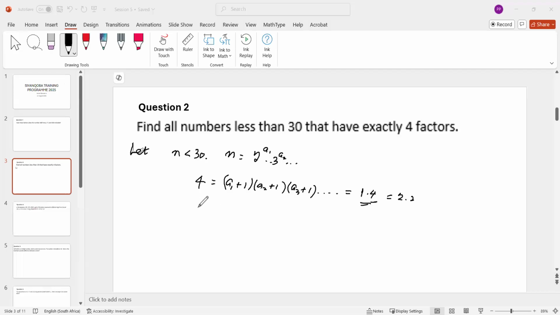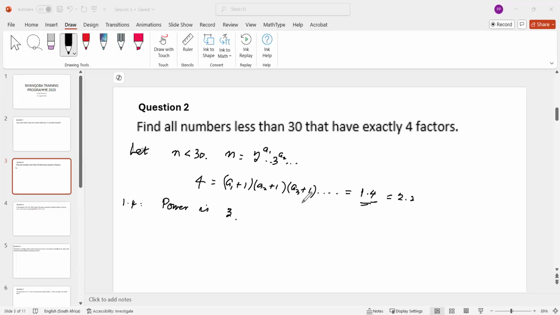Because now you have that the power, in the case of 1 times 4, if you want, you can say, yeah, it's 3 plus 1.